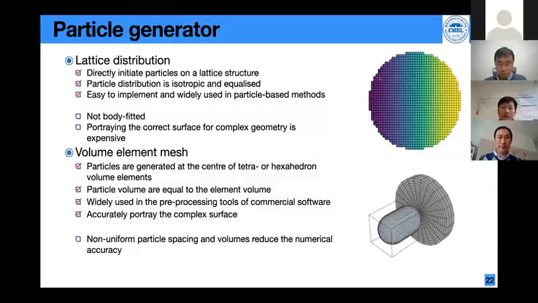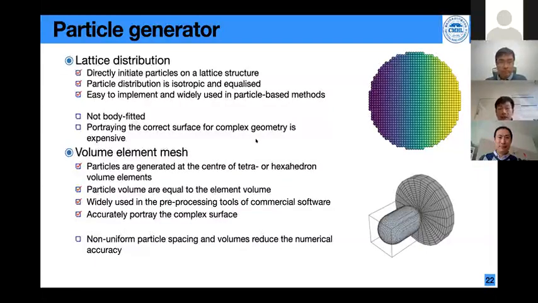However, this method cannot generate a body-fitted particle distribution. As you can see here, there is no body-fitting for the circle. Also, portraying the correct surface for a complex structure is very expensive and very hard, especially in 3D geometry. Another particle generator uses a volume element mesh. In this method, particles are generated at the center of a mesh element.